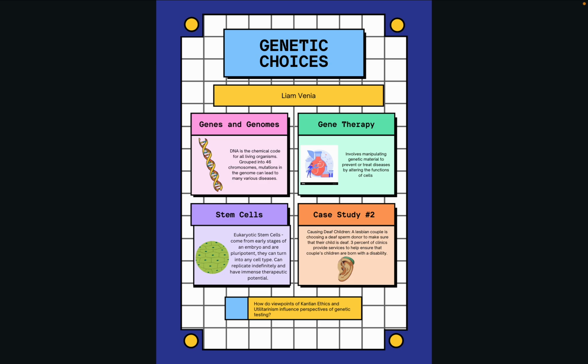The last aspect from the chapter I want to talk about was a case study, just to put an example in. And the case study I chose was case study two. Case study two revolves around an ethical controversy surrounding the selection of embryos with disabilities. A U.S. lesbian couple chose a deaf sperm donor to ensure their child was deaf. And similarly, there was a survey that revealed that some parents use certain clinics that provide the service of having embryos that will develop into deaf children.